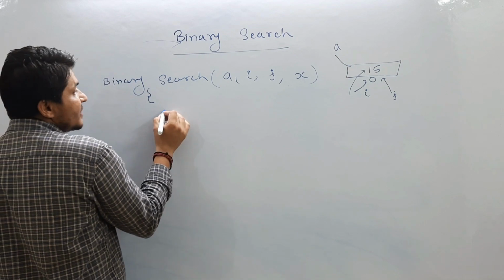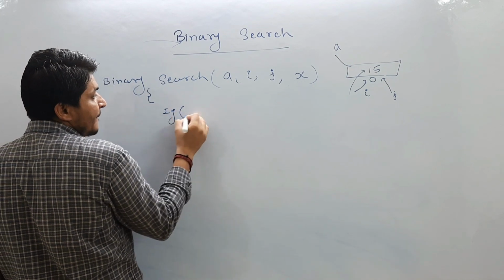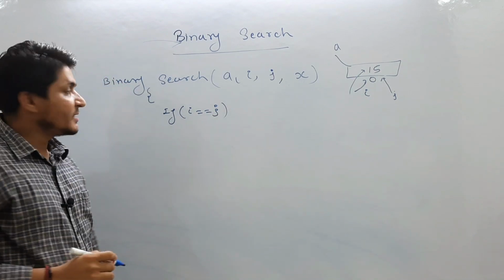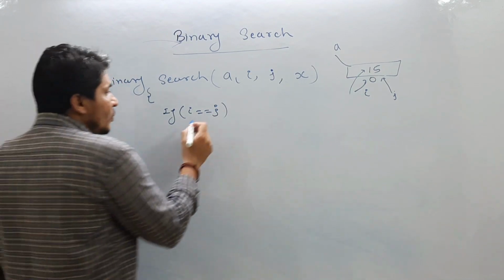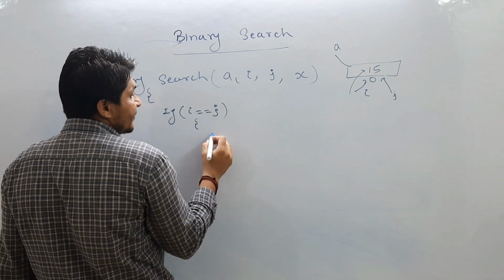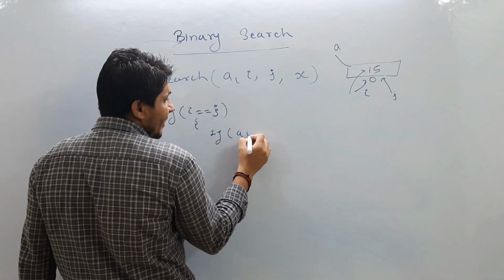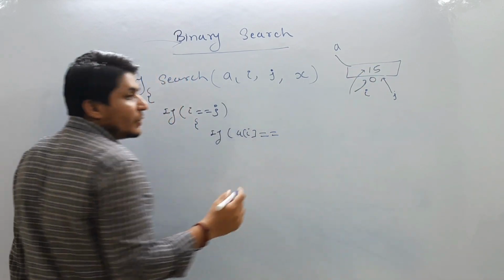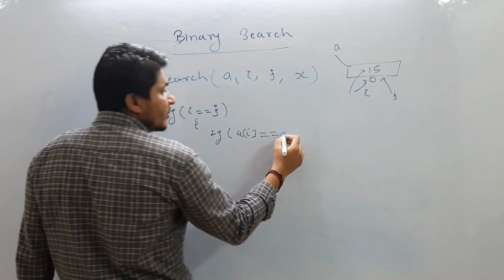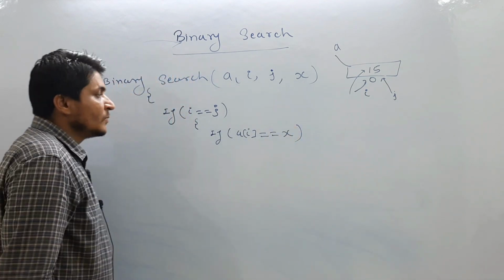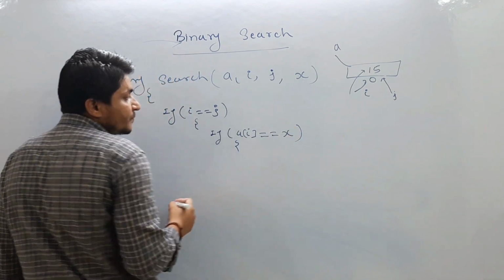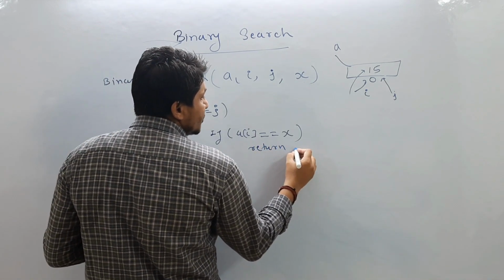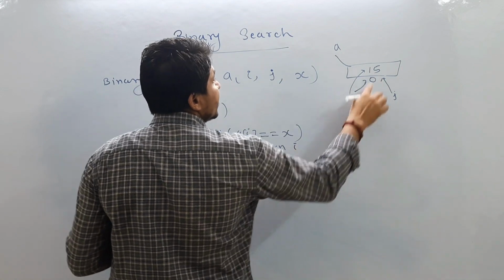So first, if i equal to j, it means the array contains only one element. Then you compare: if A of i, that element, is equal to your search value x, then you can simply return the position i, meaning it is available at index number 0.